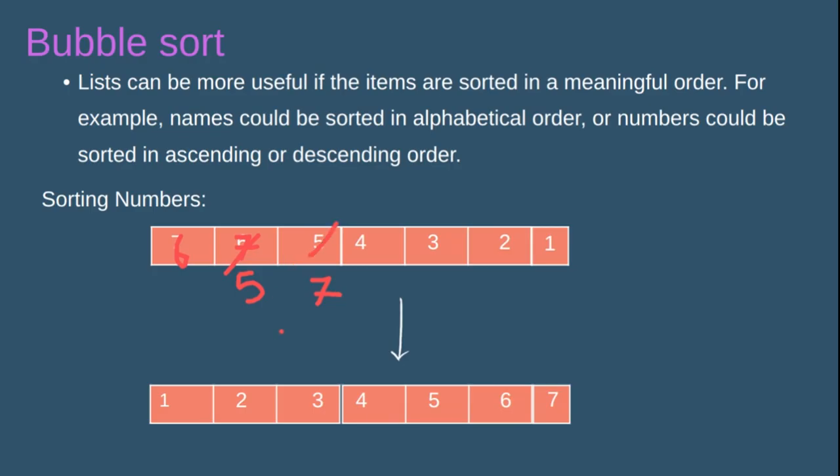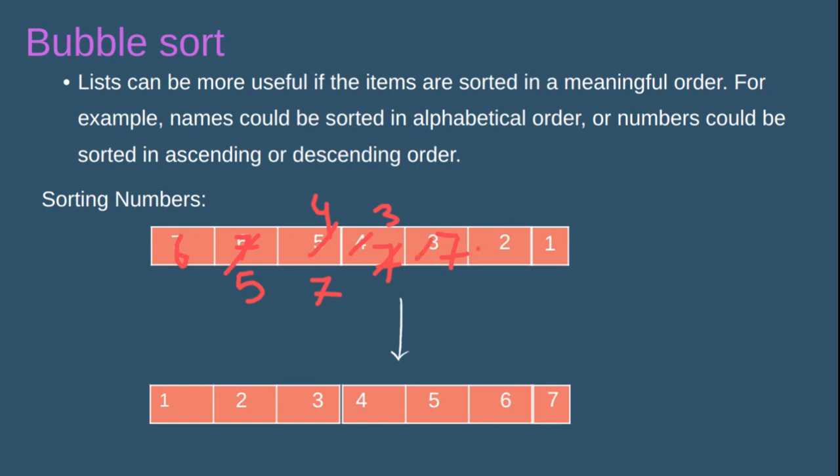Once we are on the third iteration, 7 is greater than 4, so 4 will be swapped here and 7 will be written in the next one. Then 7 and 3 would be compared, and obviously 3 is the smaller value, so 3 would be written here and 7 pushed over here.